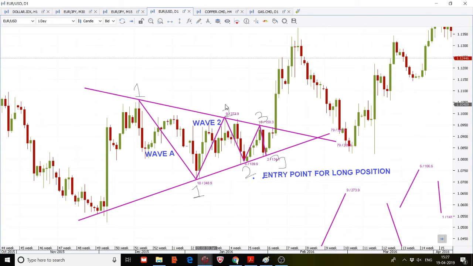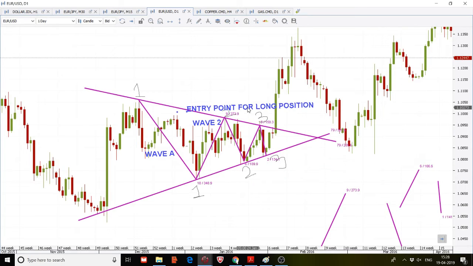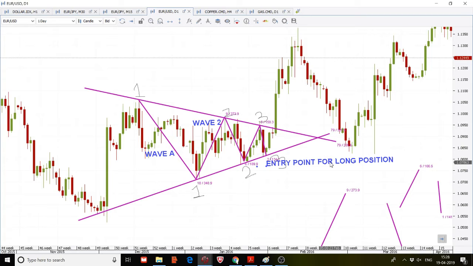Generally, the Elliott wave principle says you have to enter into a trade as soon as you see a breakout. So if you try to open a position at this point of time, then the stop loss will be very wide. To avoid that, you can use this point as well, and the stop loss will be exactly below this range. This will be your entry point.